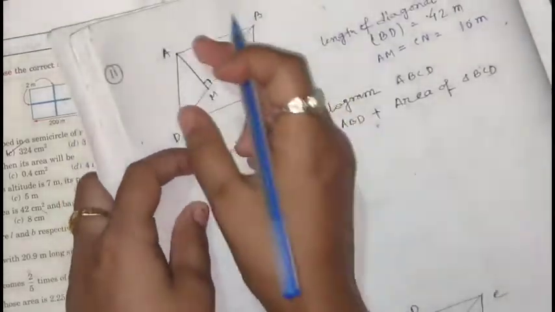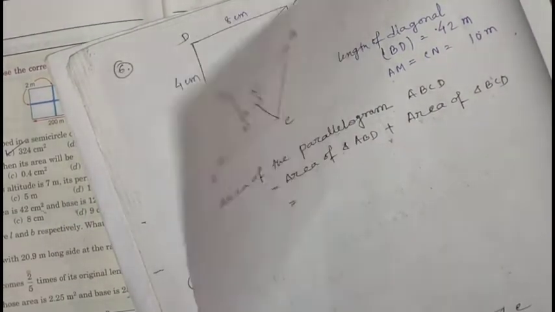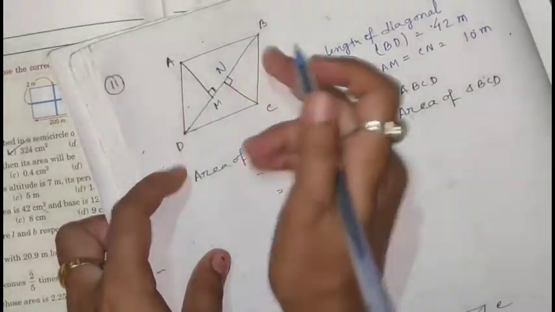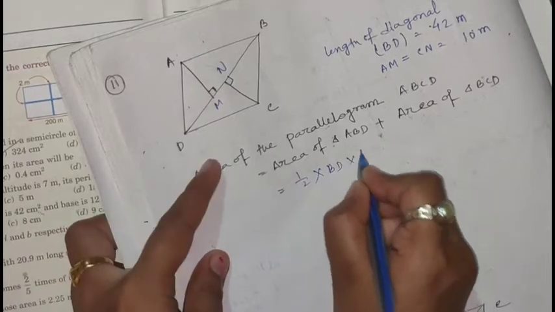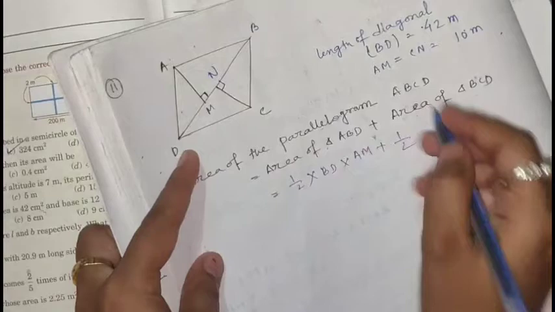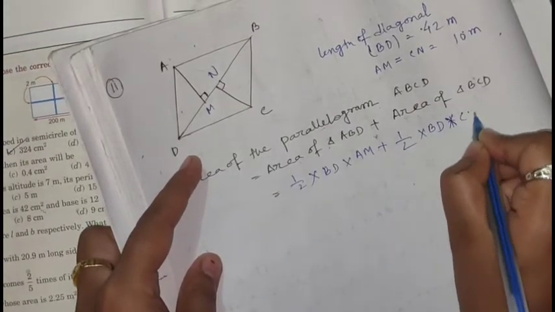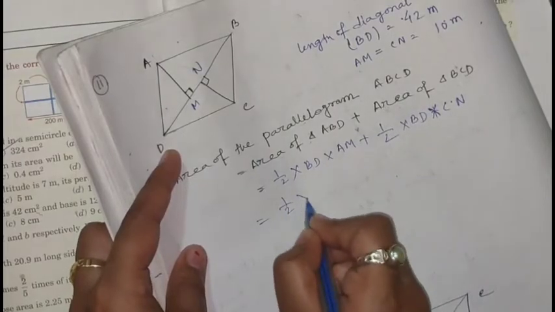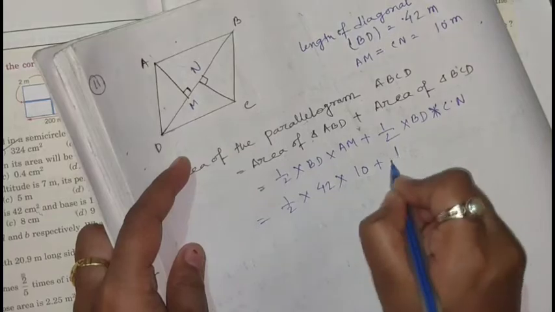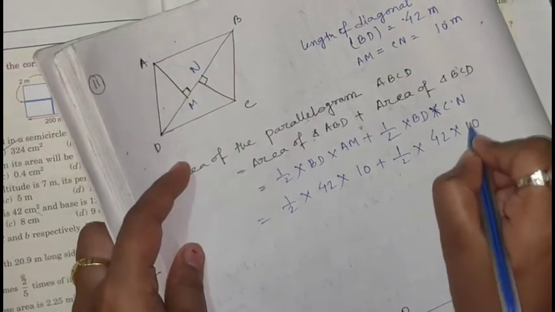You know that the area of any triangle is half into base into height. In triangle ABD the base is BD and height is AM, plus half into BCD, here the base is BD and CN is the height. So half into BD, the value of BD is 42, value of AM is 10, plus half into BD, value of BD is 42, value of CN is 10.